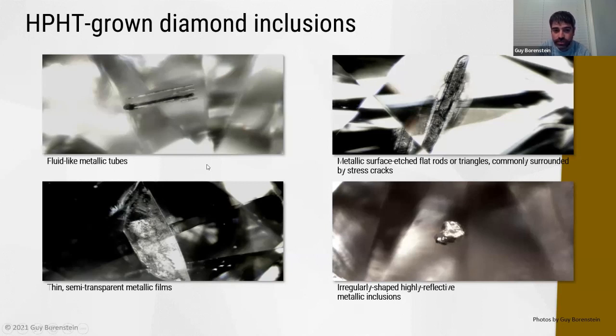But all four of them have the same property of metallic luster. And this is very important because in natural diamond, you don't see inclusions with metallic luster. If you see metallic luster, as if there is a metal, an iron, inside the stone, it means it's highly probable of an HPHT origin.